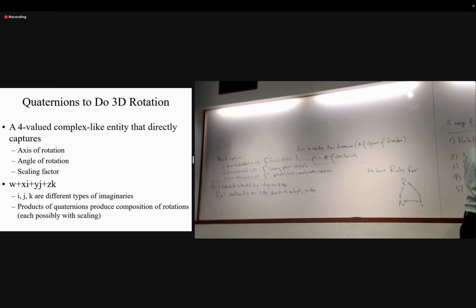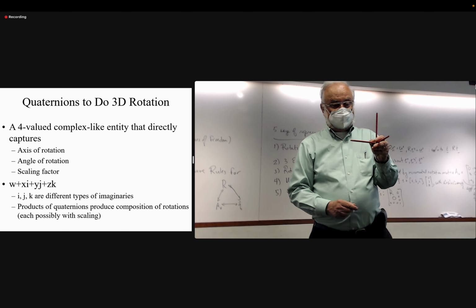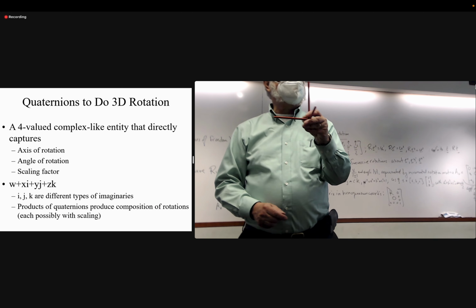But let me remind you, if we're in 3D, it consists of 3 vectors, each a column. The first one is the image of E1 under the rotation, the next is the image of E2, and the third is the image of E3. Our convention is EX, EY, EZ, that is to say the pure X vector 1, 0, 0, the pure Y vector 0, 1, 0, and the pure Z vector 0, 0, 1.